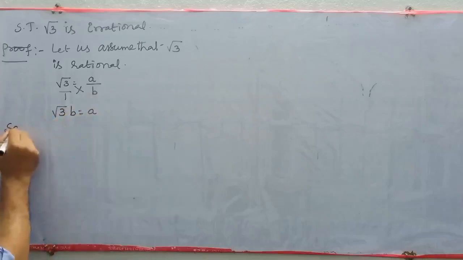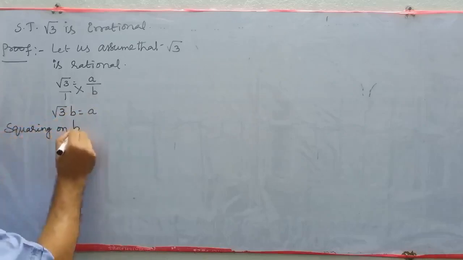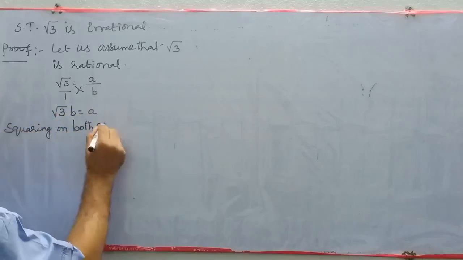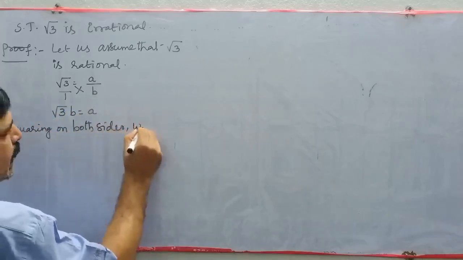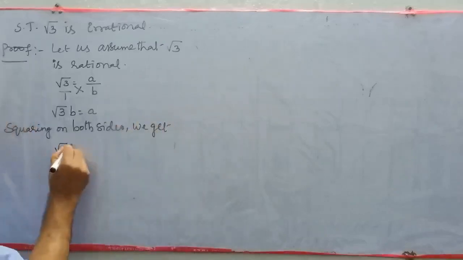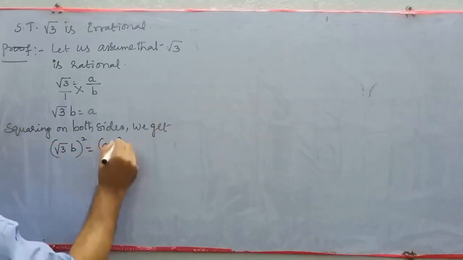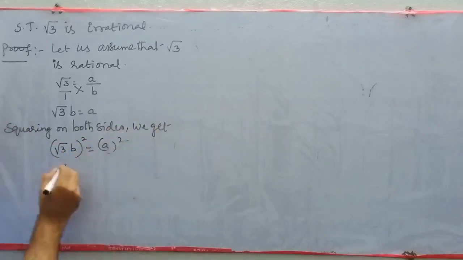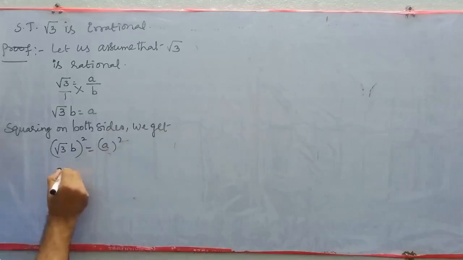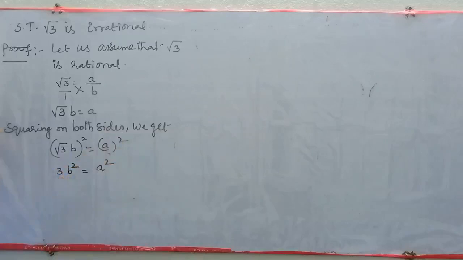Squaring on both sides, we get root 3b whole square is equal to a whole square. Then 3b square is equal to a square.